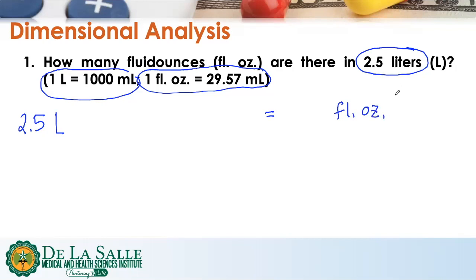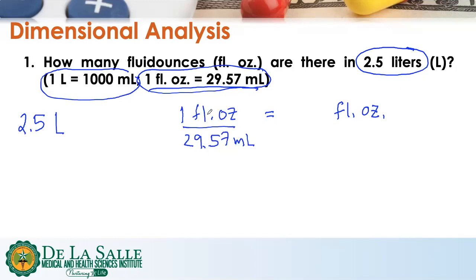Next, we will identify which of the given data, including the conversion factors, will give us the unit of the desired quantity. And that is this conversion factor: 1 fluid ounce is equivalent to 29.57 milliliters.